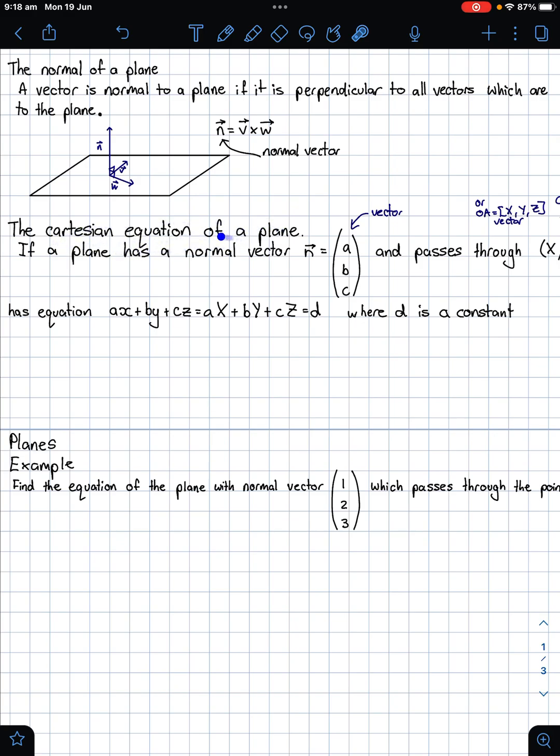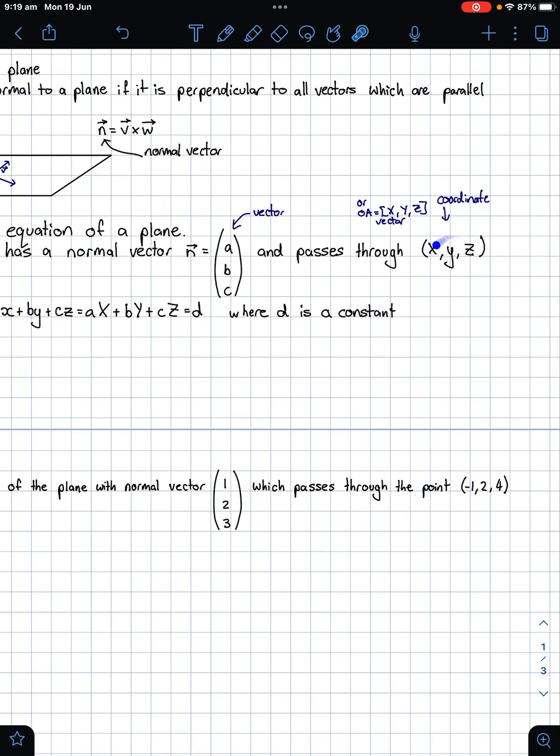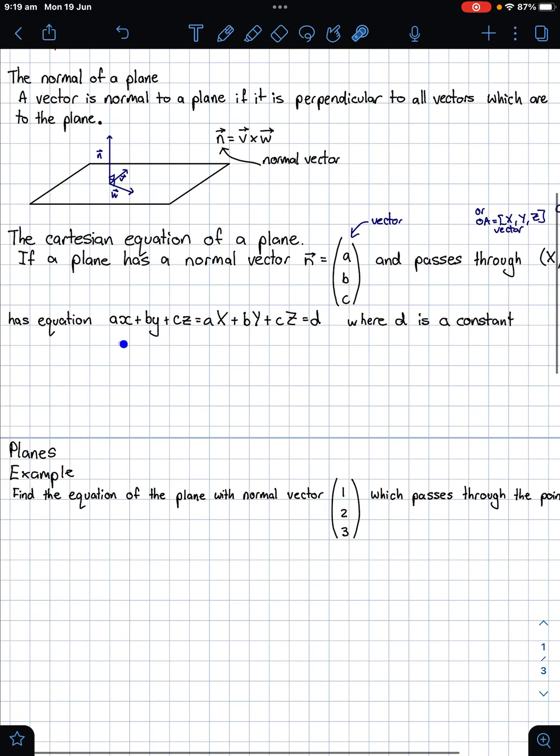Now this is the important bit. The Cartesian equation of a plane is the one we're going to use. If a plane has a normal vector, say you've done the cross product of the two vectors and you get the normal, and it's got these components a, b, c, and it passes through a coordinate x, y, z, which we could also write as a vector, then it has an equation ax plus by plus cz equals d.